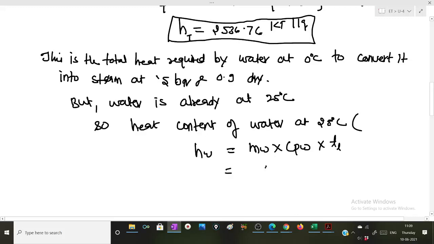Mass of water I have taken 2 kg, Cp_w is 4.2 and temperature is 25 degrees Celsius. So this much heat water will already have. We need not supply any heat to raise its temperature from 0 to 25 degrees Celsius.